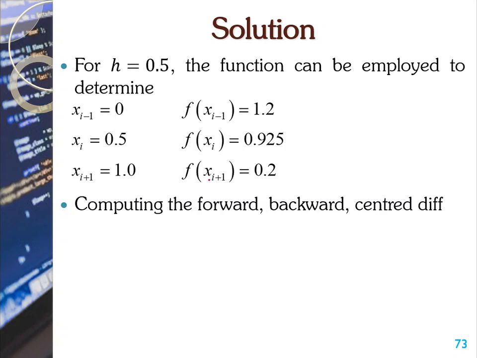Just as we did earlier, to get our current, past, and future values, all that we do is subtract the step size, which is h, from the current value. Once we did that, we had 0, and our future value was equal to 1. So we find a functional evaluation of these values.